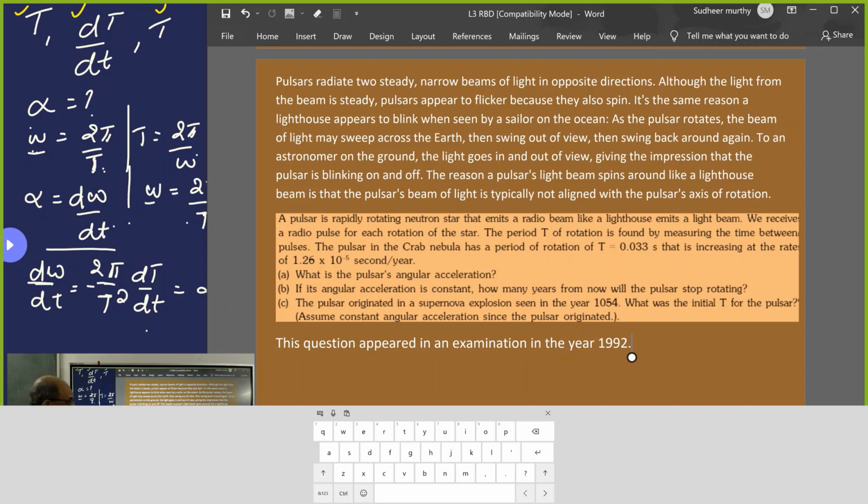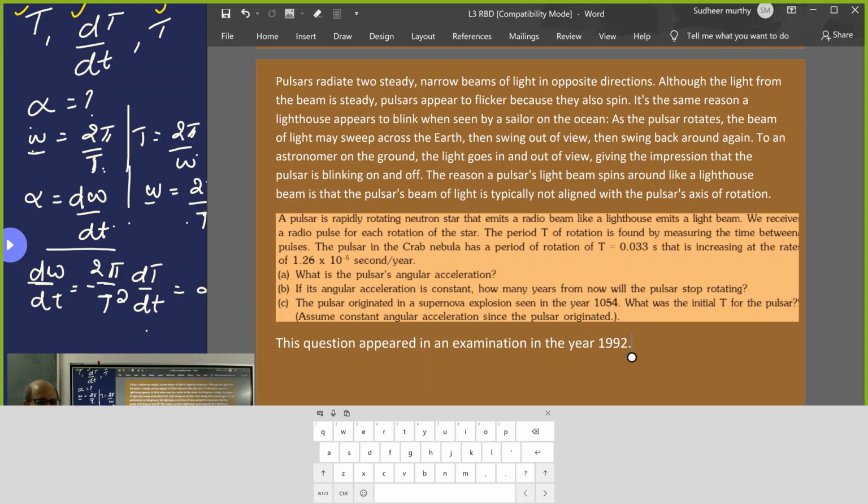But our pulsar data is in seconds, so 938 years into how many seconds per year? Approximately 3.15 times 10 to the 7 seconds, and it includes leap years also.